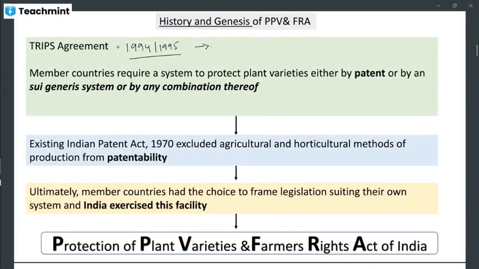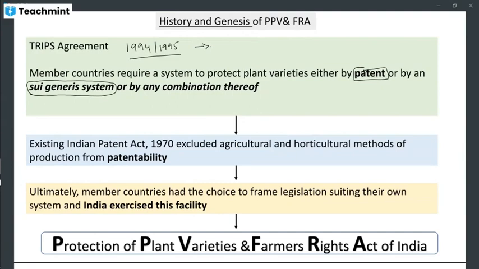They can protect the plant varieties in two forms. Either by using patents in the country itself, or they can develop a sui generis system, which is nothing but a separate and self-established organization type of thing. So they can either protect the plant variety directly by giving a patent to it, or they can have a separate system.